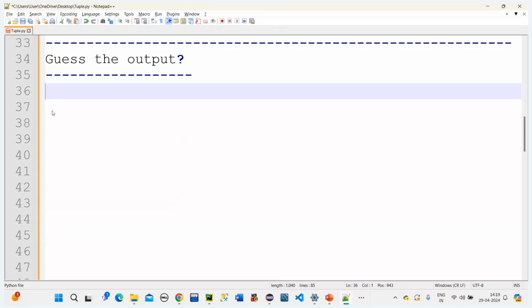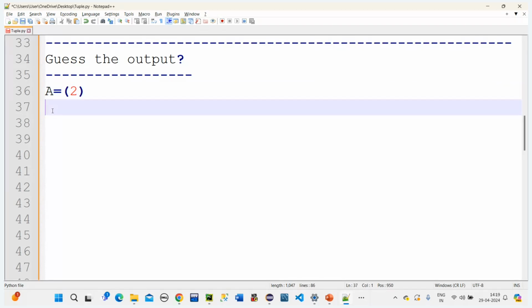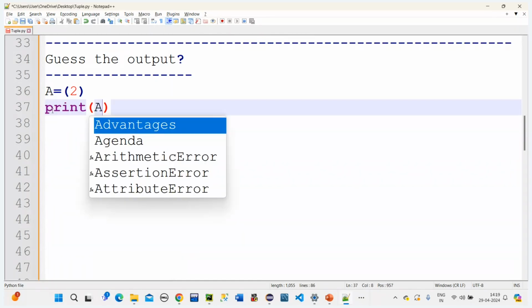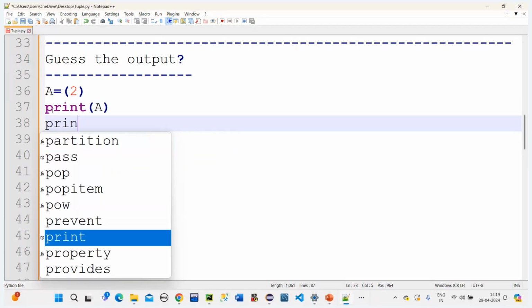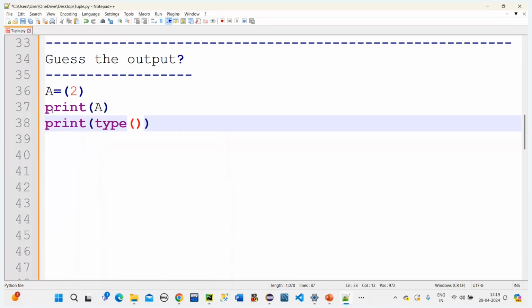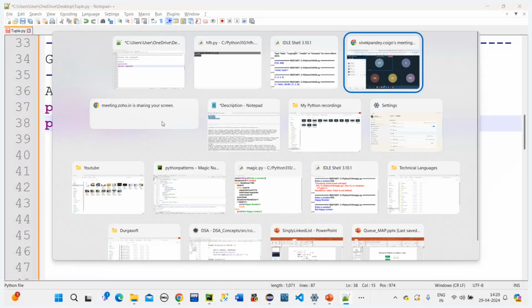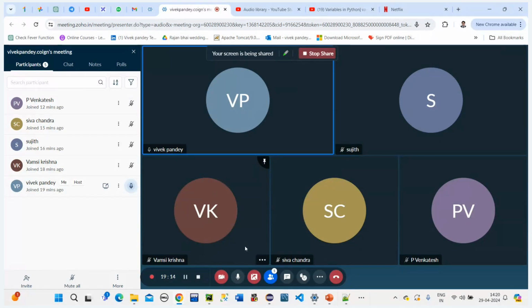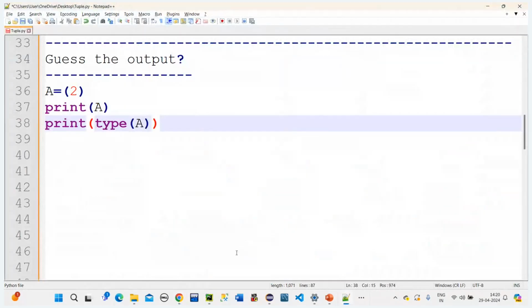Now if I'm writing here A is equal to 2, and then I'm writing here print A, and then I wanted to print the type of this, print type of A. Okay, can you guess the output of this? Yes, guys, I wanted you all to just guess the output of this. What would be the output?